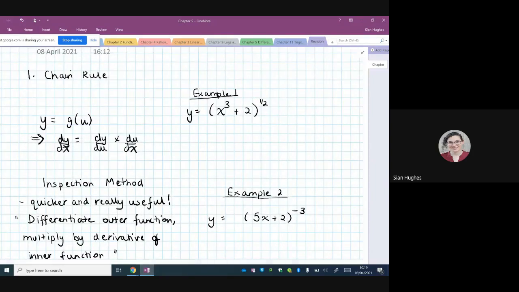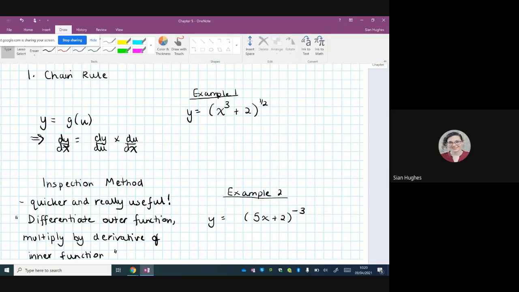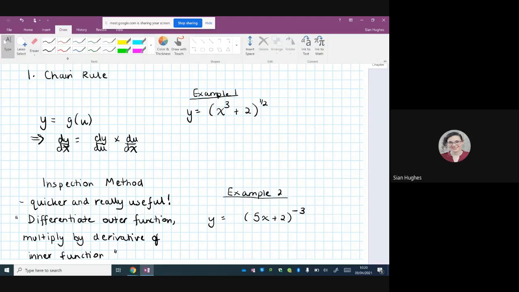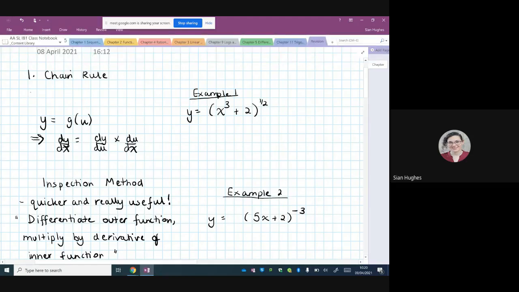But chain rule is one of the real key things you need to be able to use to do anything in differentiation. So looking at chain rule, we're assuming that you can already differentiate single functions. And that you know when you differentiate something, the notation that we use is dy by dx, and that you can use the basic power rule.